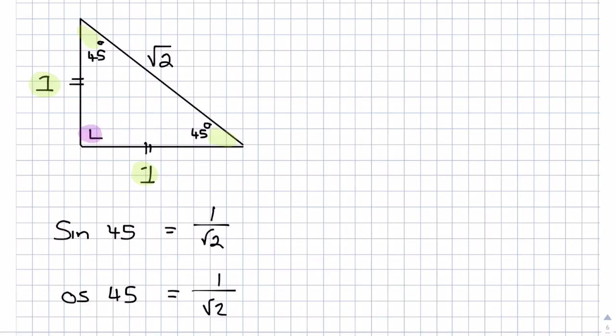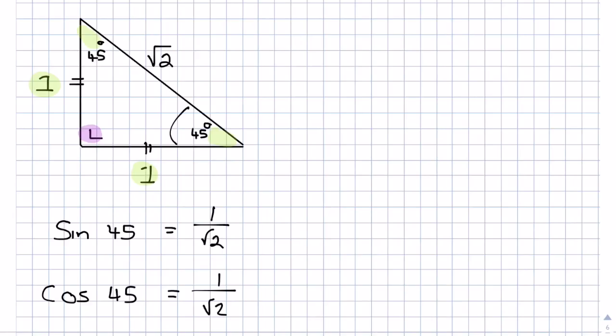Now let's look at the tan of 45. Let's take this angle. Tan is opposite over adjacent, which is 1 over 1, which is 1. So 45 is one of our special angles. And now we've worked out that the sine of 45 is 1 over root 2, the cosine of 45 is 1 over root 2, and the tan of 45 is 1.